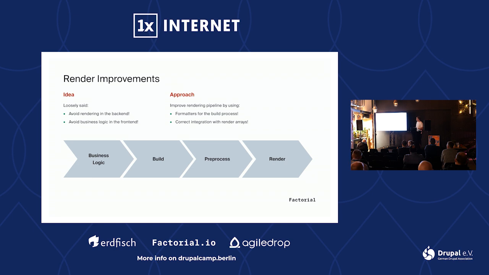Then, of course, the answer is having good test coverage and so on and so forth. But one of the points that I want to pick out is that we have to be aware of the rendering process. Now, oftentimes, and what we saw in this code base is that we do premature rendering.